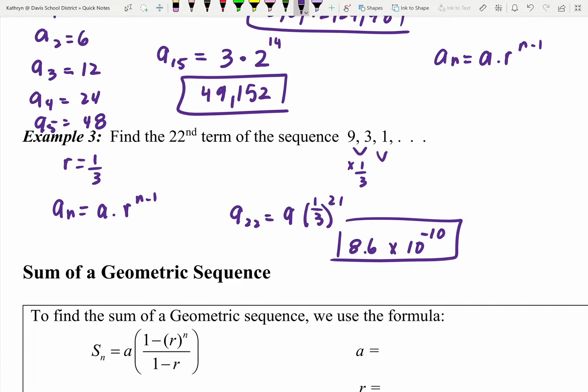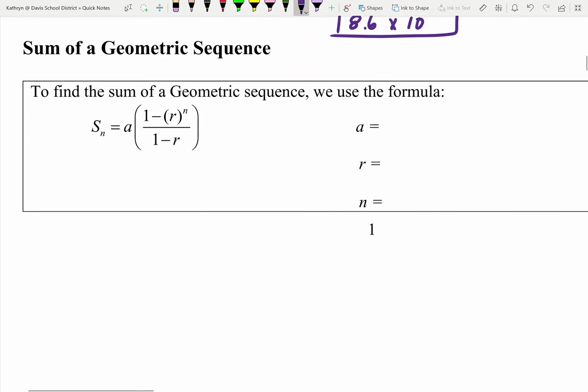Because it's so small, it can't handle it and can't write it properly. How do I know this is so small? Can anybody tell me? Because that negative 10 tells me to take that decimal and go 10 digits to the left. So it's 0.0000000086. Okay, it's not going to happen on the test. Don't worry about it too much.